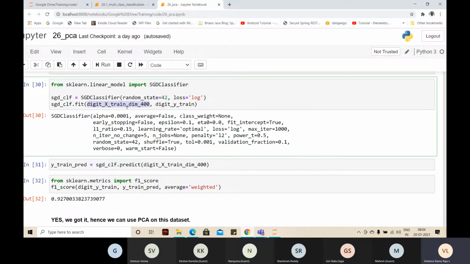X1, X2, and so on, X784 have got multi-collinearity, but Z1, Z2, and so on, Z400 are independent. They will not be multi-collinear. Whatever the essence is there in the data, it will extract and put it into independent individual columns.